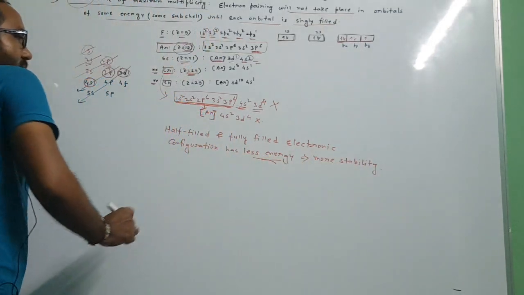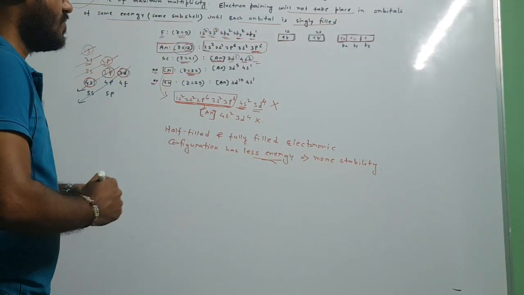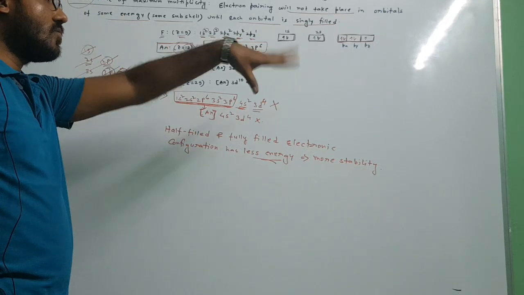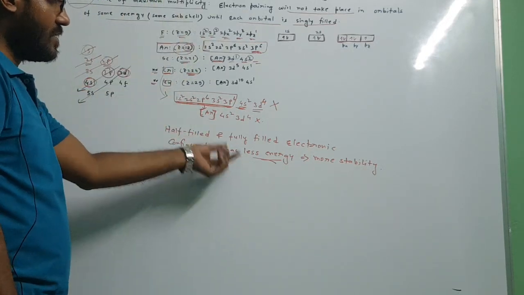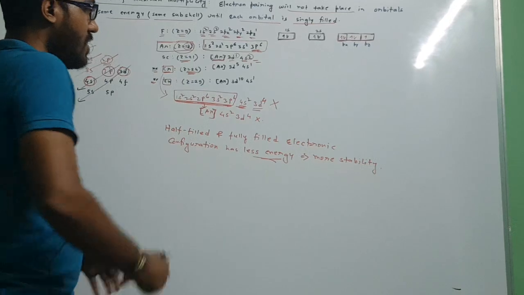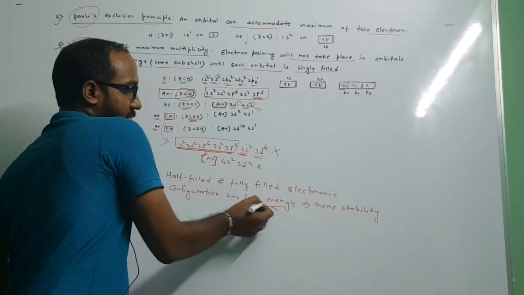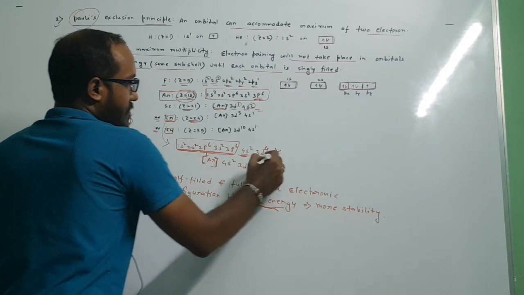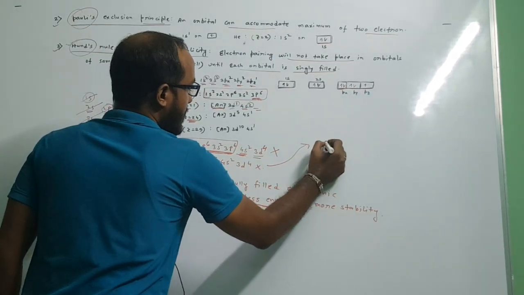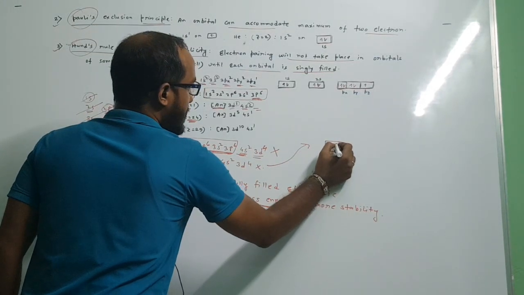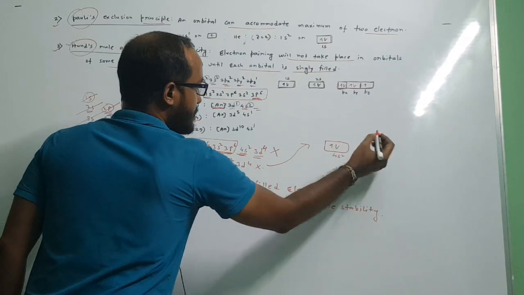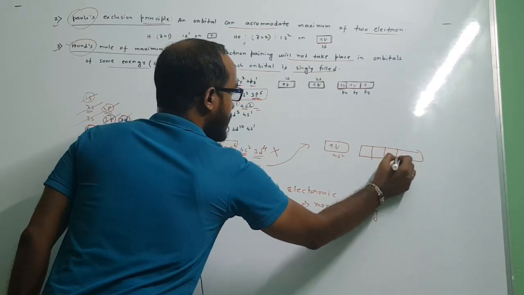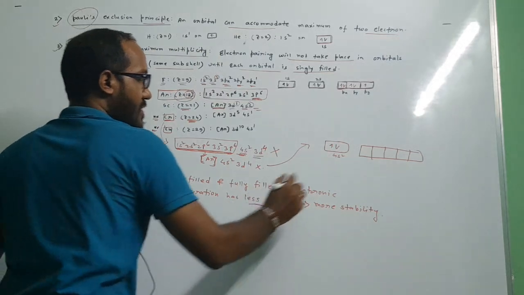We already know that whatever the configuration may be, if it has less energy, it will be more stable. So to get the less energetic electronic configuration, how will this go? See, this is 4s2, right? Now we have 1 2 3 4 5 d orbitals.